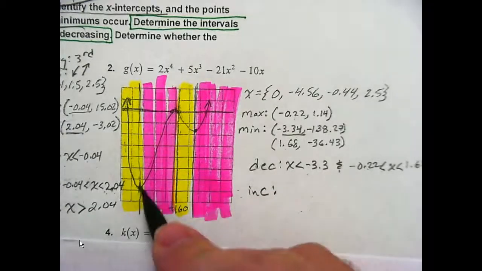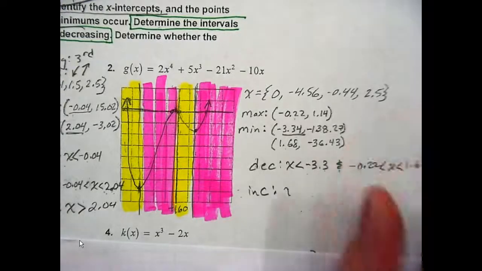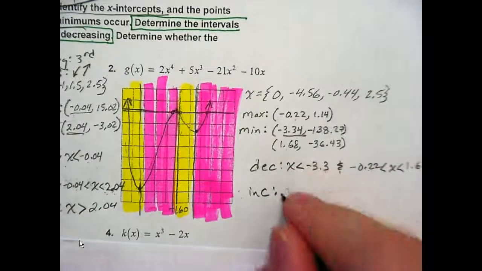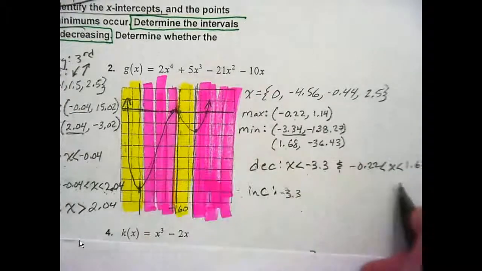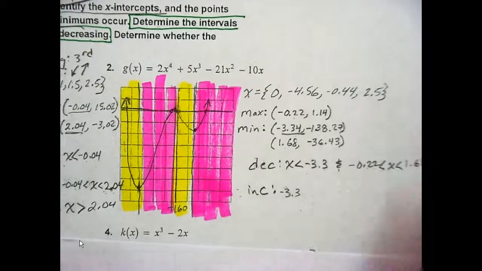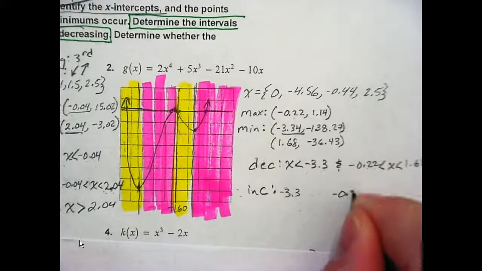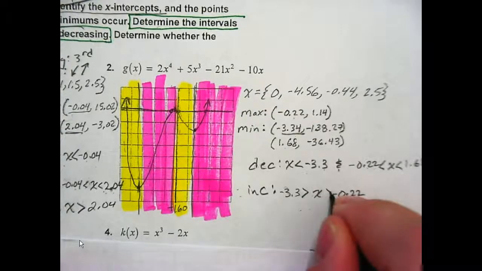So from this point, at the negative 3.3, we start going upward again. So we're at negative 3.3. We go up until we get to negative 0.22. Okay, so when x is greater than that, but less than that.